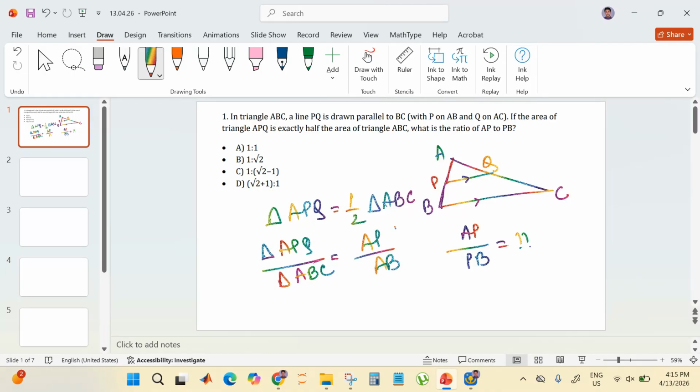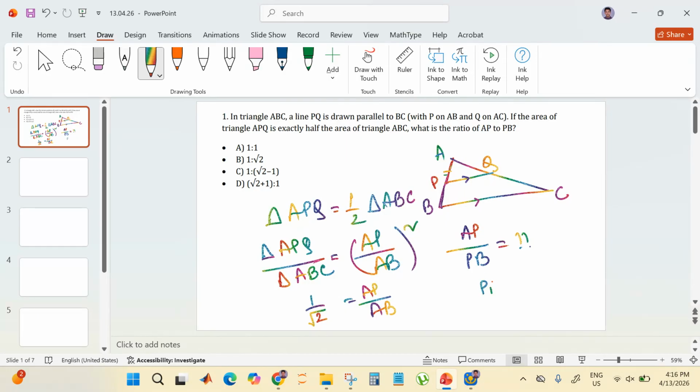Okay, so we know this theory actually. So if the area ratio is half, then 1 by root 2 will be AP by AB. So this part and complete AB.